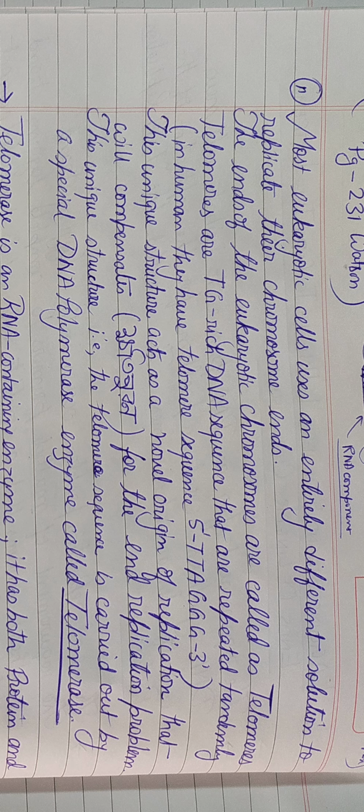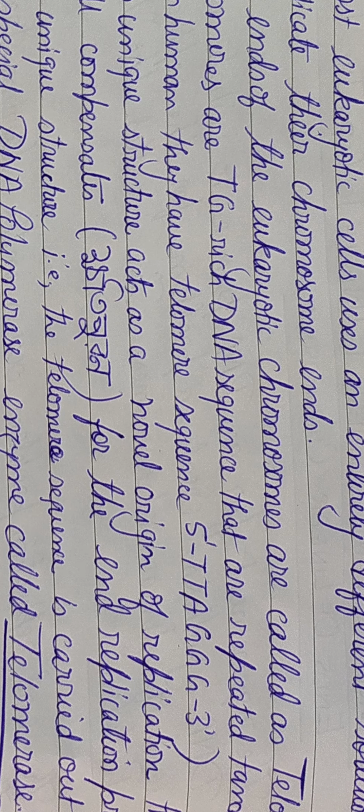For example, in humans the telomere sequence is 5 prime T T A G G G, T T A G G G, T T A G G G.